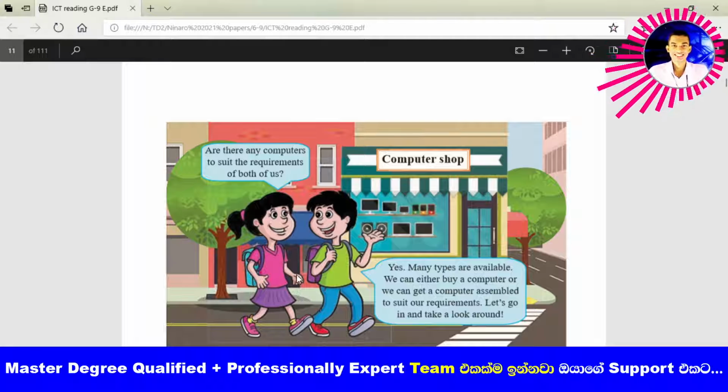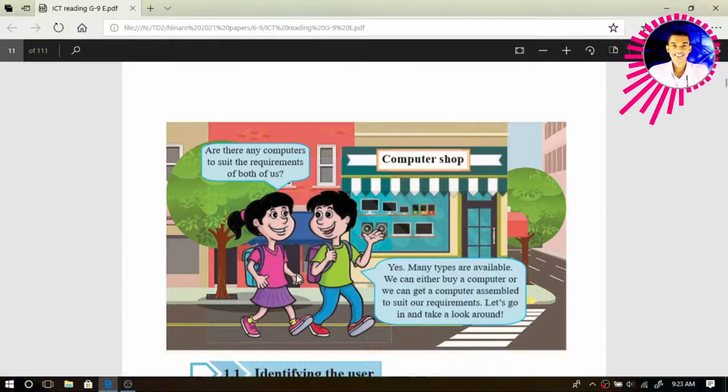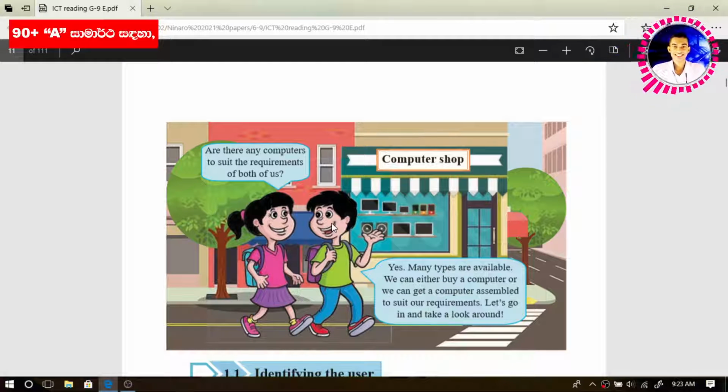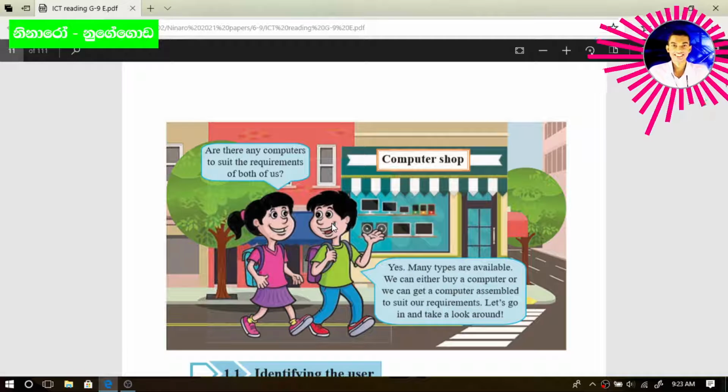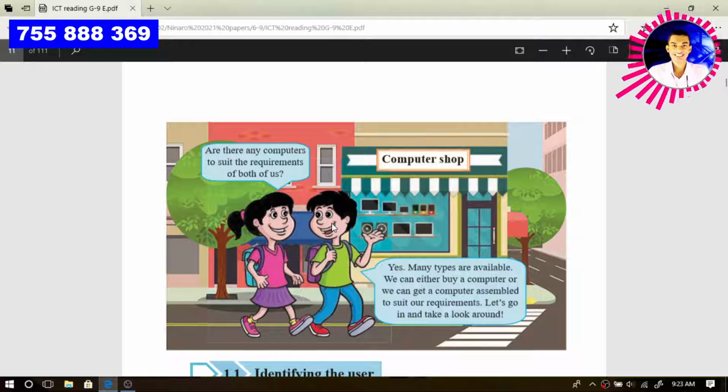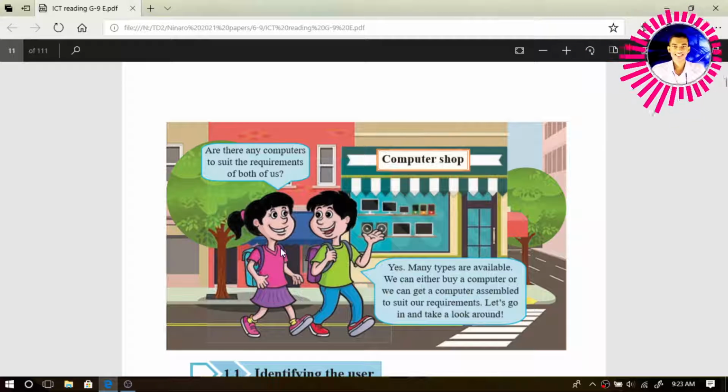This girl student can also use a laptop, because it is not essential to be a desktop computer. The boy's requirement is a laptop computer, because he wants to use it as a mobile computer. Therefore, a desktop computer does not suit this boy, but the girl can use a laptop instead of a desktop, because she has not mentioned any mobile-based requirement.